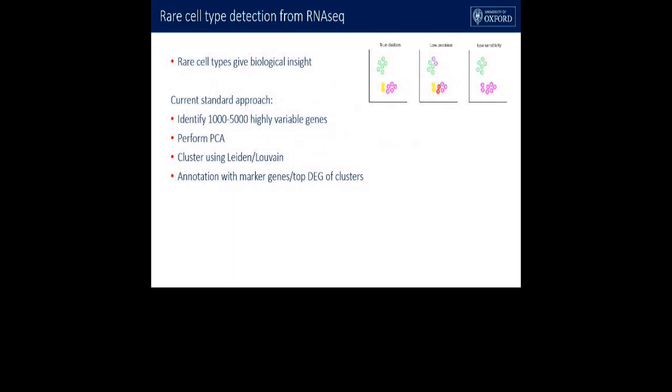And then PCA is performed, so principal component analysis, where the cell observations are projected onto the principal components. And then distances are found between these projected cell observations using Euclidean distance, from which a k-nearest neighbor graph is built, on which the clustering algorithms are used. And then annotation is done based on these resultant clusters to try and identify what these clusters are in terms of cell types.